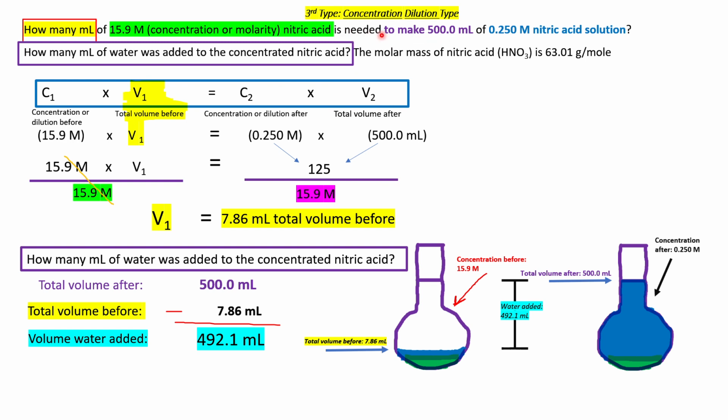And it says it's needed to make 500 milliliters of 0.250 molar nitric acid solution. So the 500 milliliters is the total volume after, and this is going to be the concentration after. At this point, we're looking for V1.